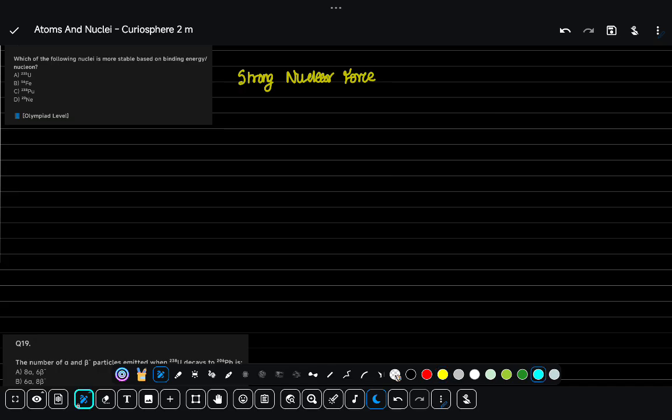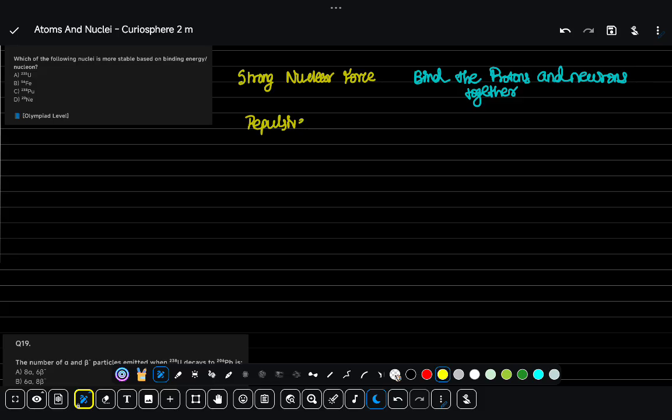Its job is to bind the protons and neutrons together. Then come the repulsive forces between protons. Neutrons don't have any repulsive forces because they are neutral.